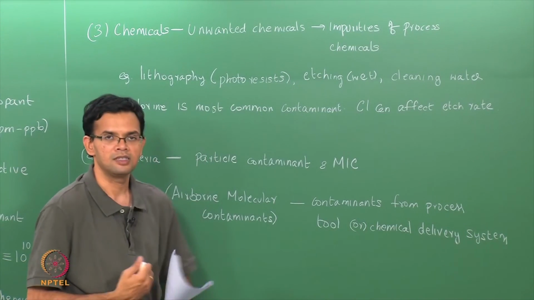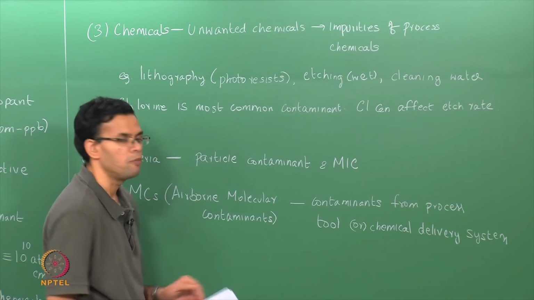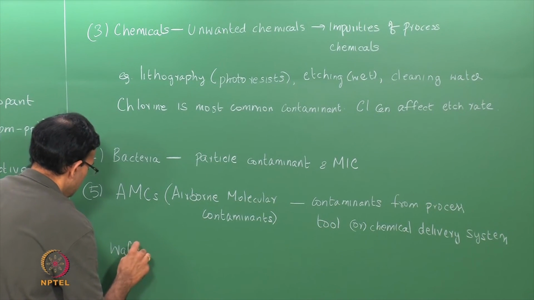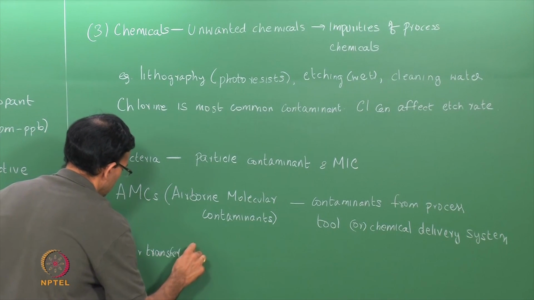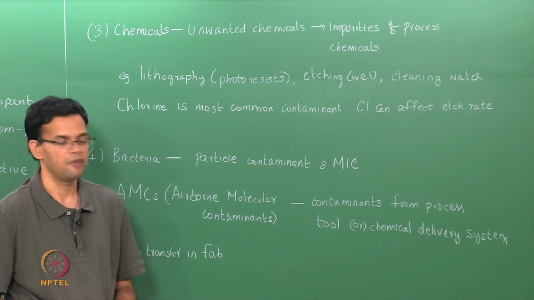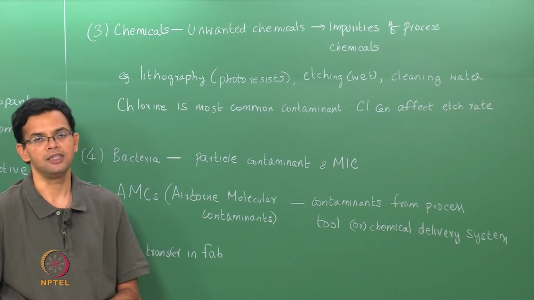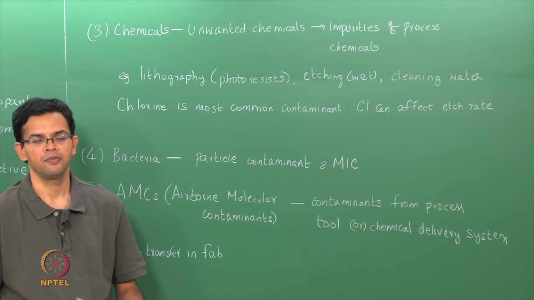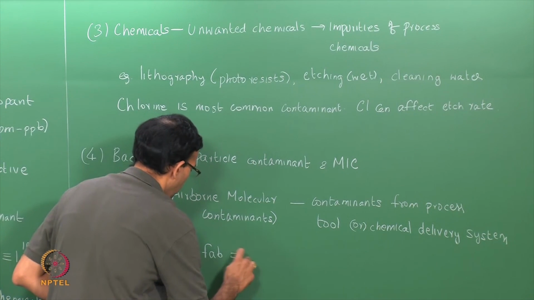so even the simple process of transferring wafers in a fab can cause airborne molecular contaminants. So, wafer transfer in the fab. So, in most commercial fabs, wafers are not transferred by hand. Because these are essentially 12-inch wafers and they are typically transported in boxes of 25. So, these are transported in special plastic containers called FOUPs.